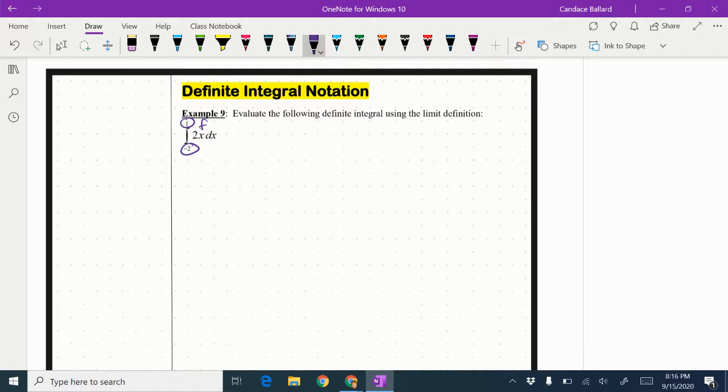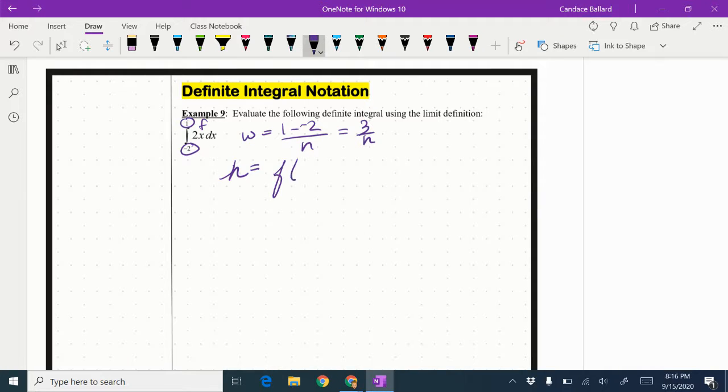So I'm going to find my width by taking my upper bound minus my lower bound over n, which is going to be 3 over n. Then I'm going to find my height. It says that it is starting at -2 this time.